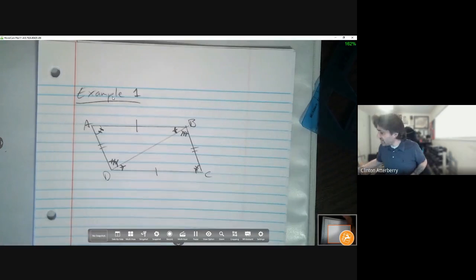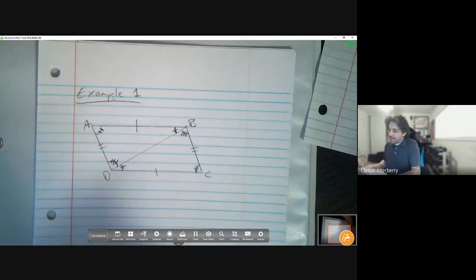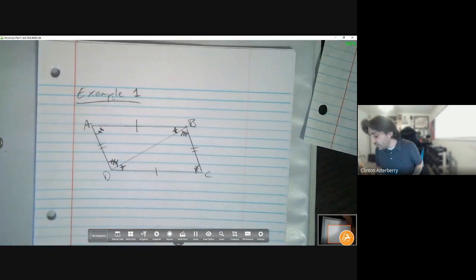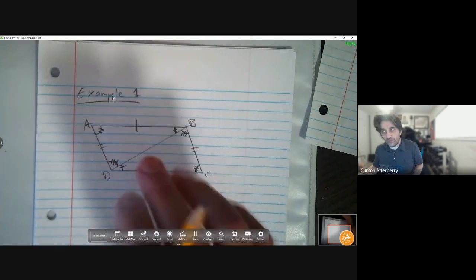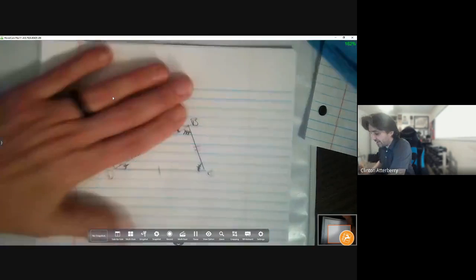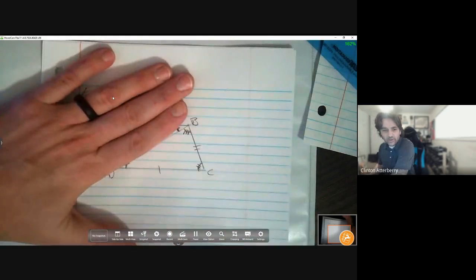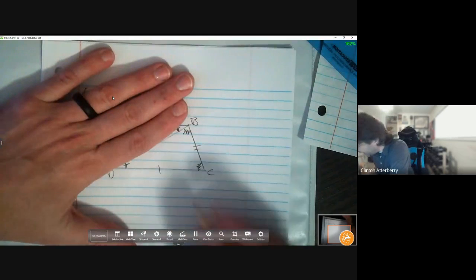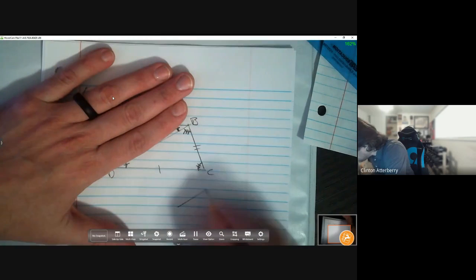If you guys remember what I was talking about at the beginning, they're going to give you drawings, and they might be all twisted up, but I recommend just redrawing these things. Okay, so I see this, and I'm thinking right now, I've got this triangle like this, DBC. I like the way that looks. Okay, so I'm going to draw this out like so.